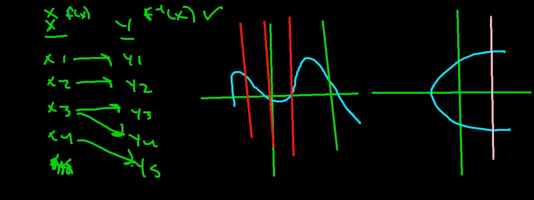However, in order to test for the inverse, if something is a function or not, we do the, alright, so for f of x, we do the vertical line test.